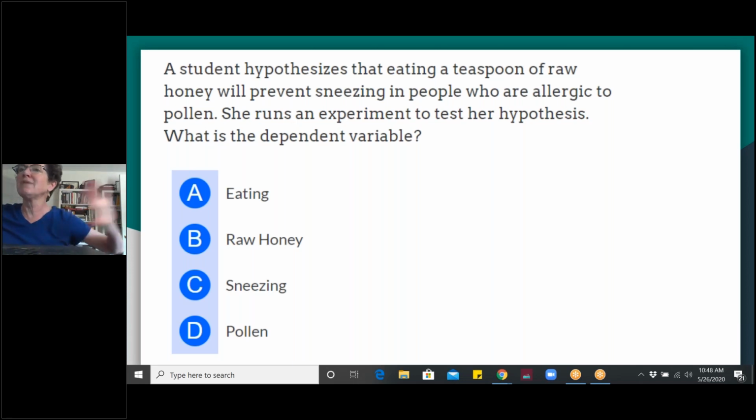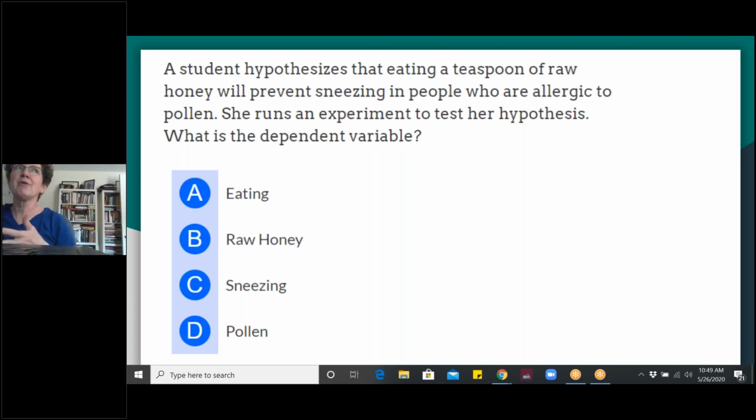So she divides them into two groups because she wants to have a control to see if what she does makes a difference. One group is her control group. Do they get anything? No, the control group that is allergic to pollen does not get a teaspoon of raw honey. That's correct.